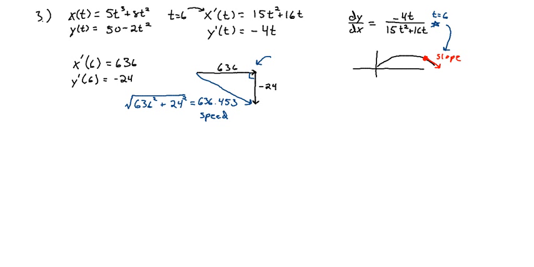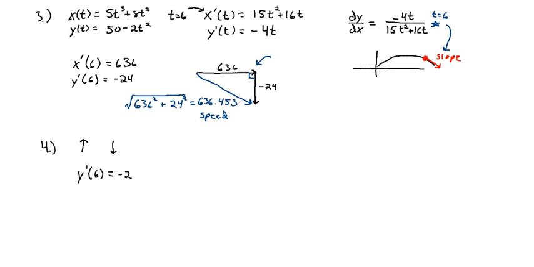Thankfully, that makes number 4 very, very easy, because number 4, I'm asking you, is the projectile going up or is it going down? And so you just have to look at the y value. What is the value of y prime at 6? Because that will tell you what's happening with the vertical component.